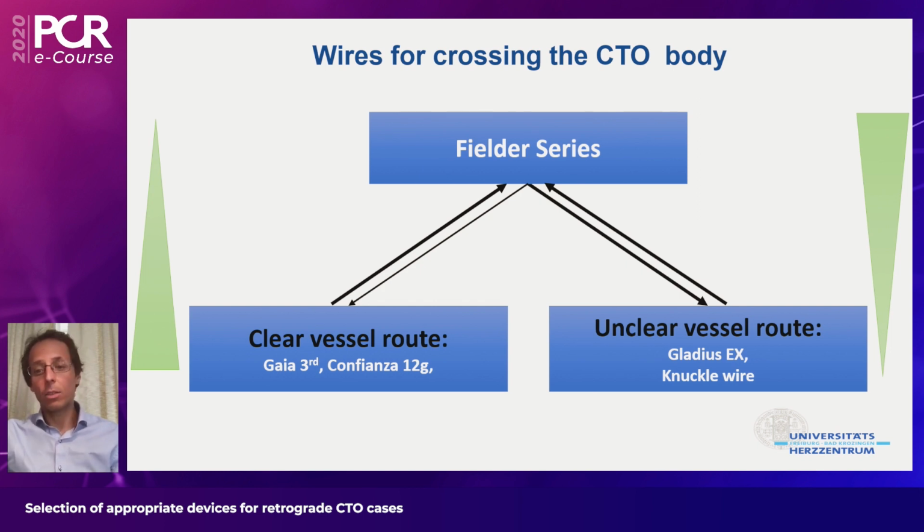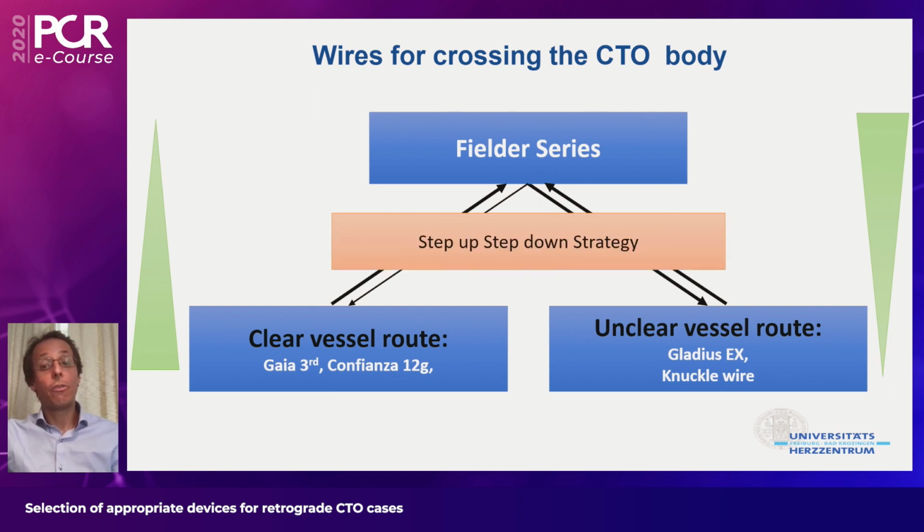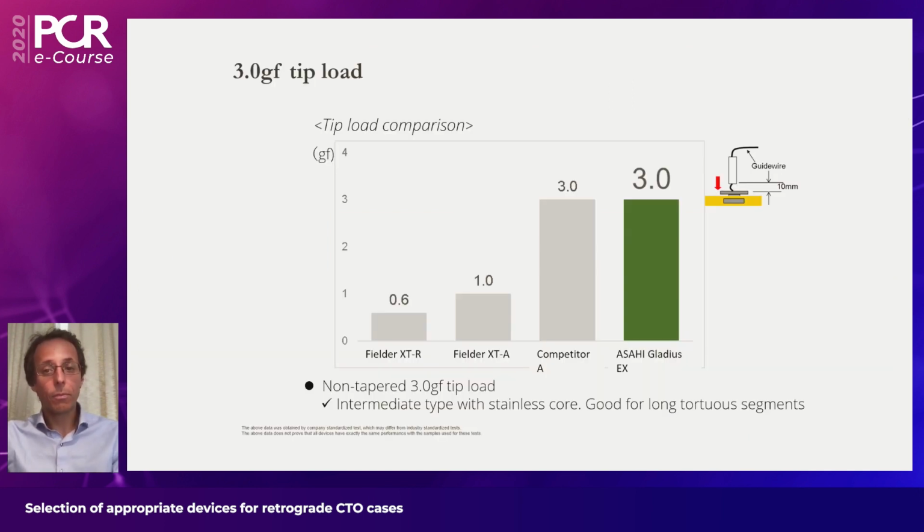But if the vessel route is absolutely unclear, like in the previous case, maybe after puncturing the proximal cap, the polymer jacket wires are a very, very good opportunity with the knuckle wires. And also the Gladius X could be a great opportunity with a step up, step down strategy. So here you see the tip load again of the Gladius. It's a 3-gram tip load wire compared to the Fielder XT series, which is 0.6 to 1 gram.